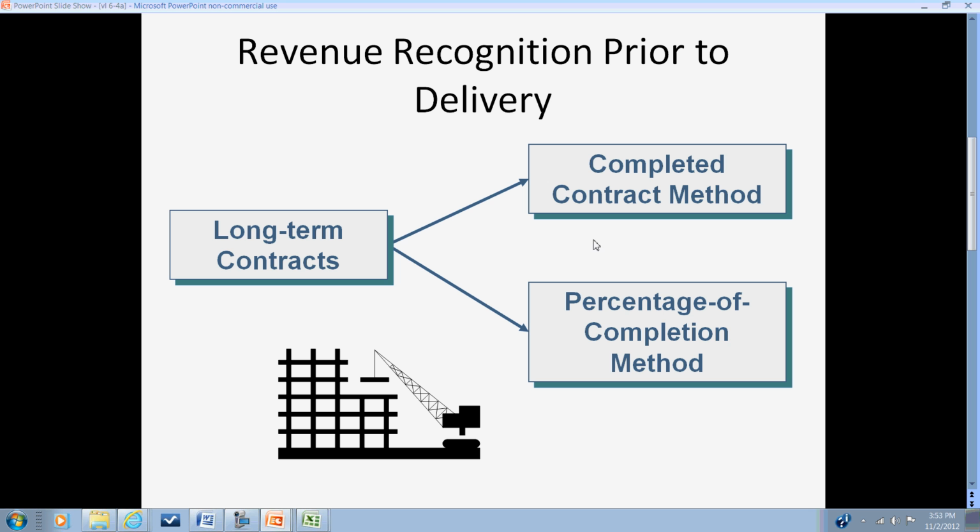And the difference between the costs that we have accumulated in our construction in progress minus the cash collections will result either in having surplus costs, in which case this would be called an asset, or, if our costs are less than our billings that we've made, then we would have a liability for unearned revenue.